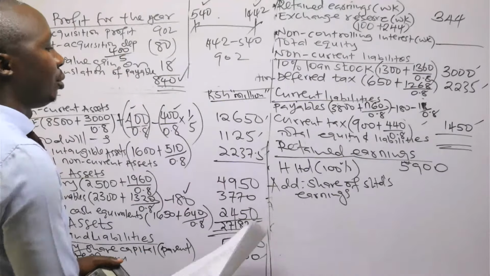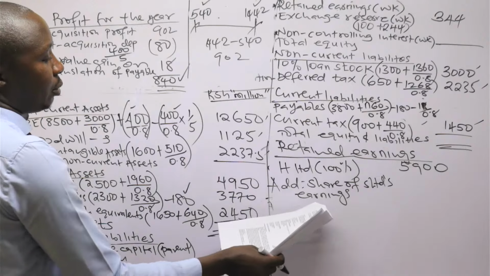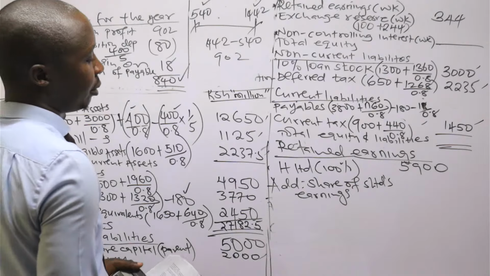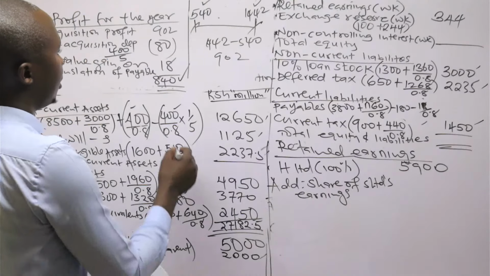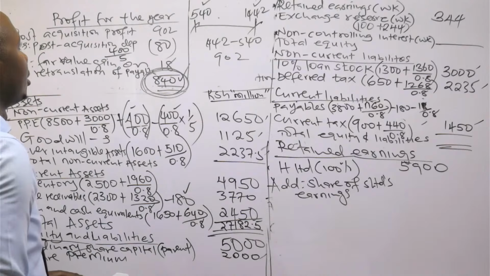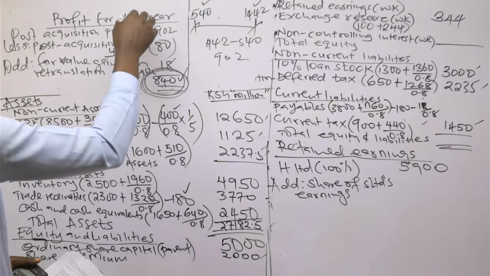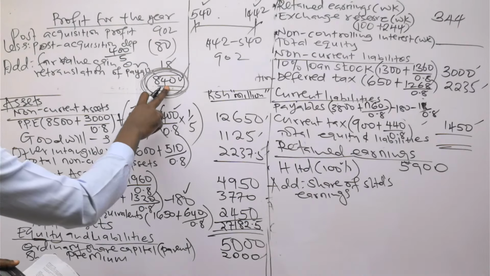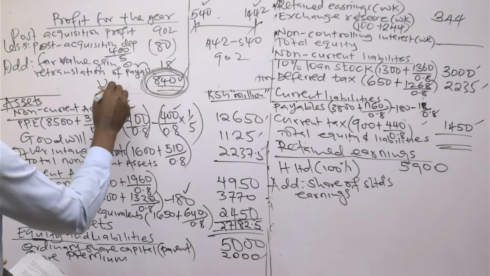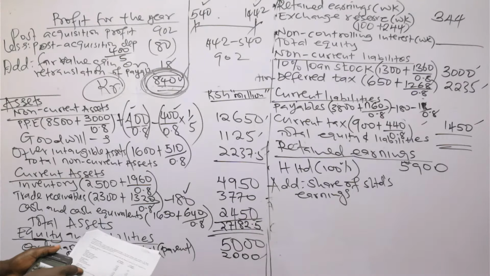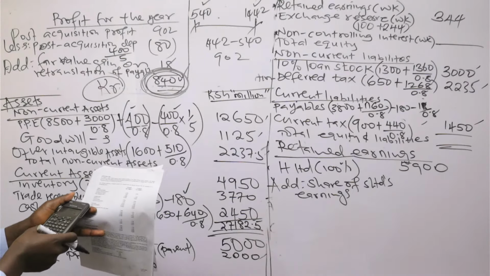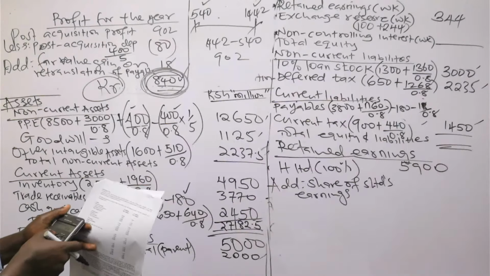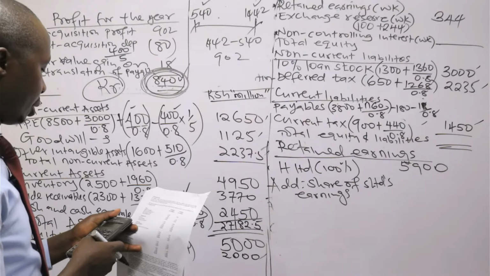So what will H be earning from S? Remember that the profit for the year in S was 840. This is just the profit for the year, which is in krona. So we changed it to Kenyan shillings.